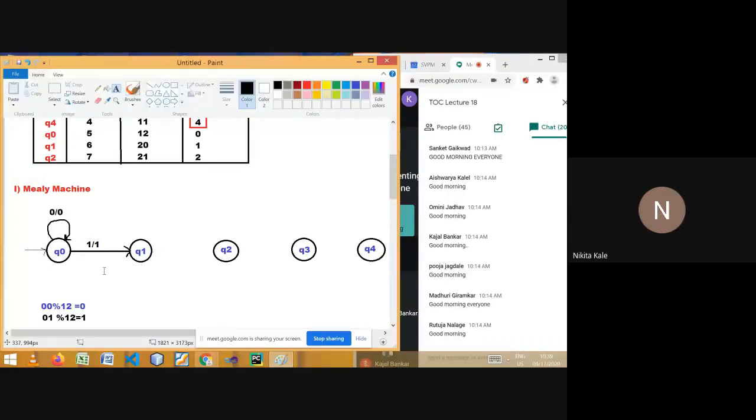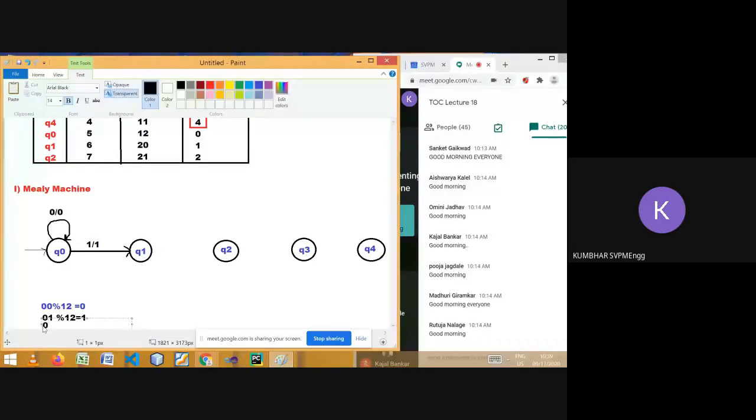Now only one remains for this Q0. And if you read 2, this will be the ternary 2. Ternary 2 divided by 5, where 1, 2 means ternary 5, then the remainder will be 2. Agree? So I should show the transition from Q0 to that state which has the remainder 2.